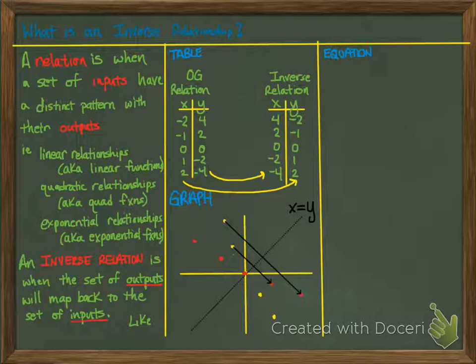The yellow dot that was on the origin stays there as a red dot on the origin, and the last 2 dots are reflected to the other side of the x equals y line to become those red dots. So what we have here is a reflection. The inverse relationship will be reflected along x and y.